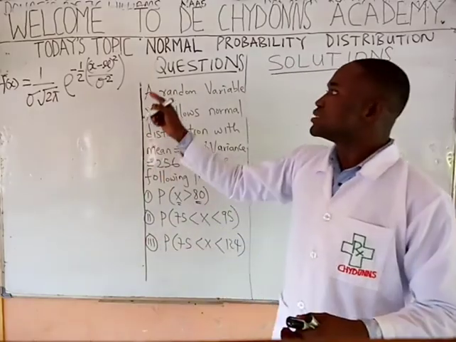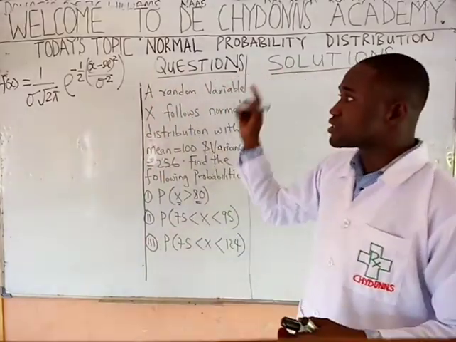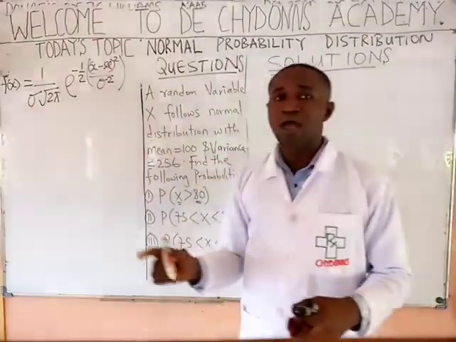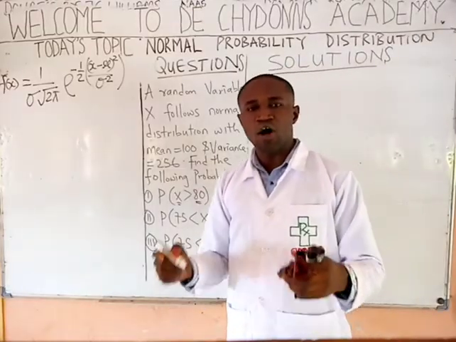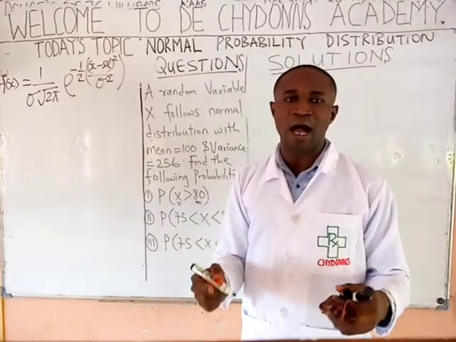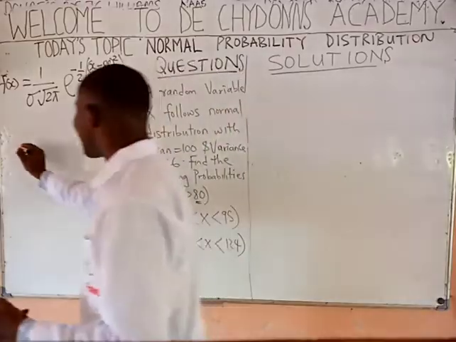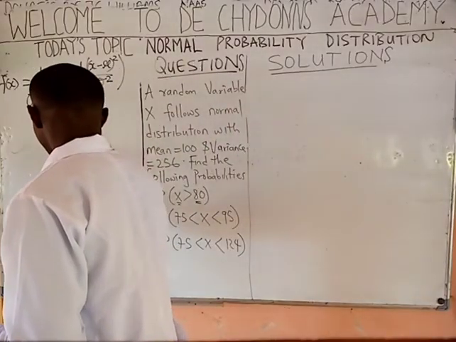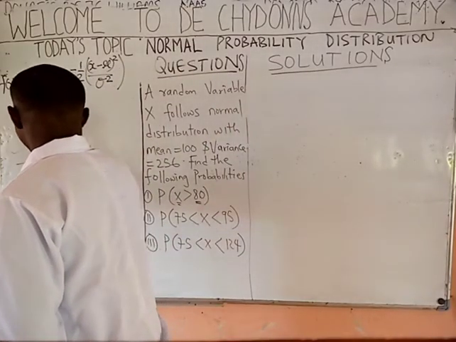Now, this normal probability distribution has a curve. The curve is called the standard normal curve. Look at a sketch of the standard normal curve.